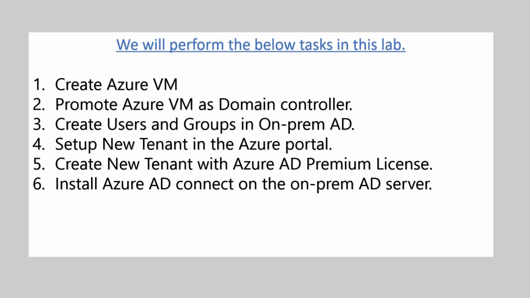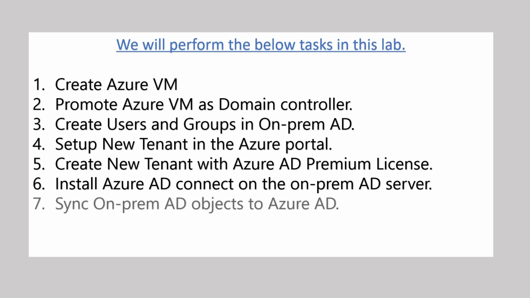In that server, we will install the Azure AD Connect tool. I'll show you how we can download the Azure AD Connect package and how we can install it in the domain controller server. After installation of Azure AD Connect, we will understand how on-premise objects will be synced to Azure AD.